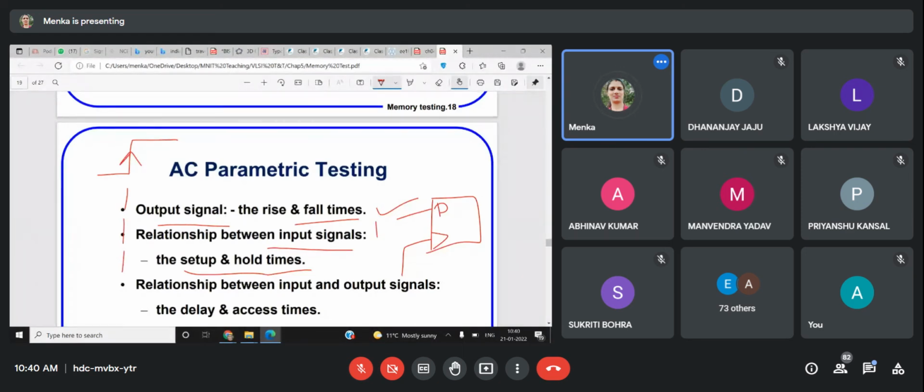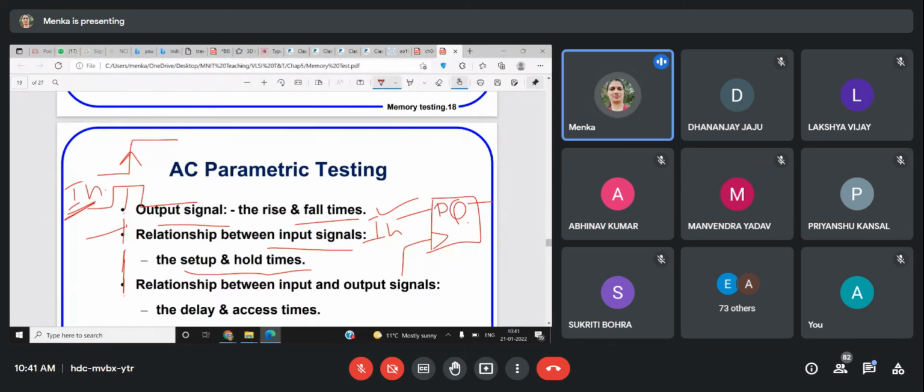Let's say this was your input Q and this was your output Q. The output Q will take the sample of the input at this edge. So what you are expected at least is that sometime before this edge and sometime after this edge, your input has to be constant.